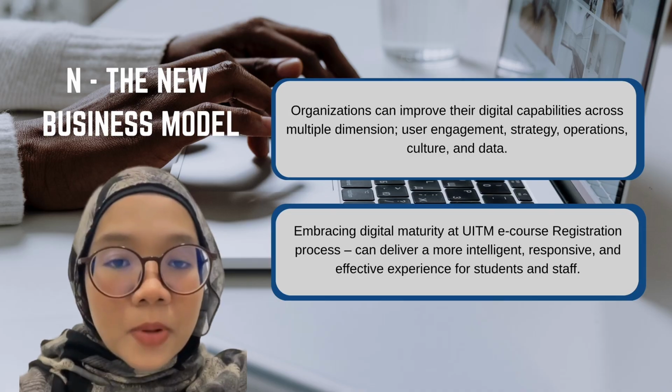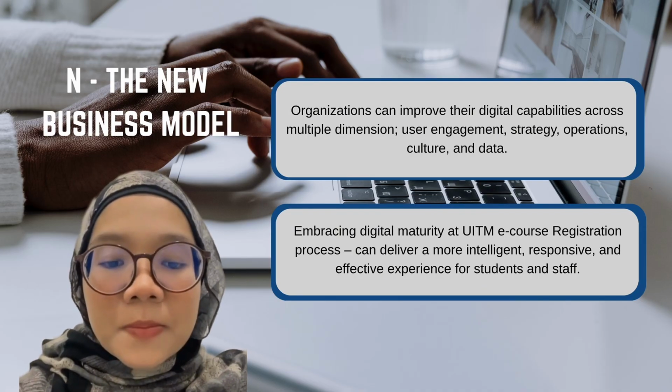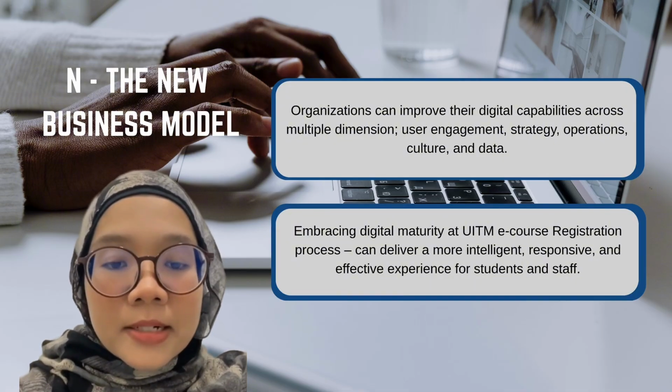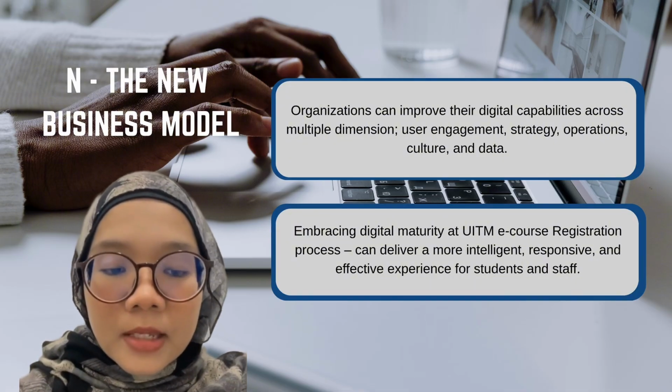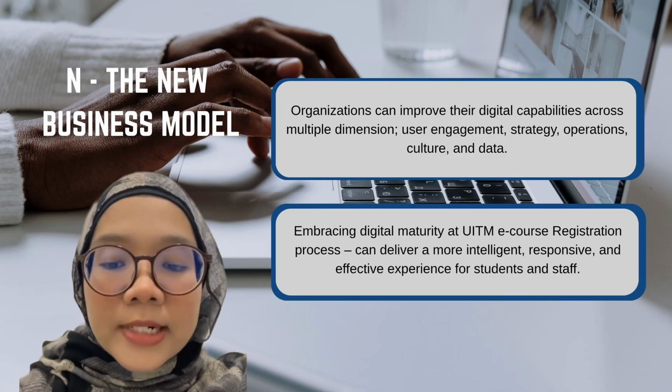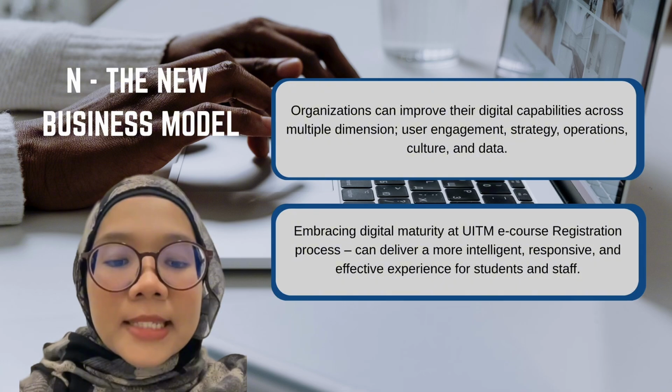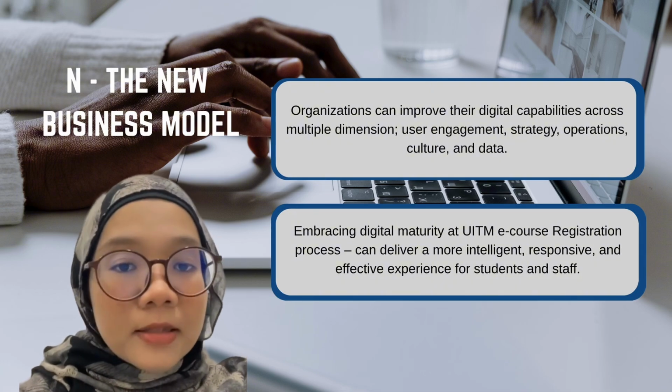To address these problems, this proposal presents a new model that incorporates digital best practices, user-centered design, and automation. The goal is to create a system that is not only functional but also intelligent, fair, and easy to use.